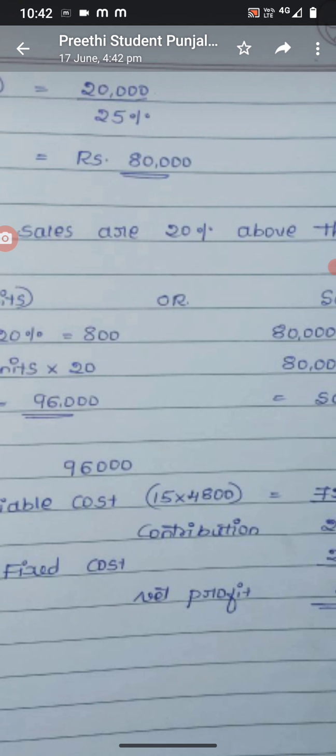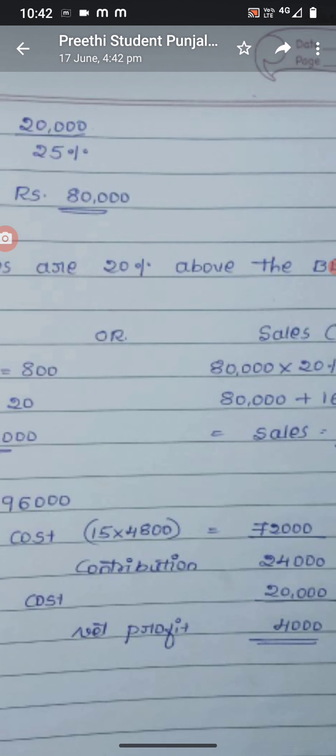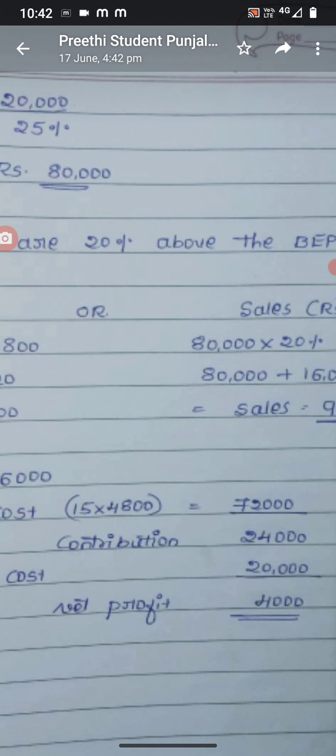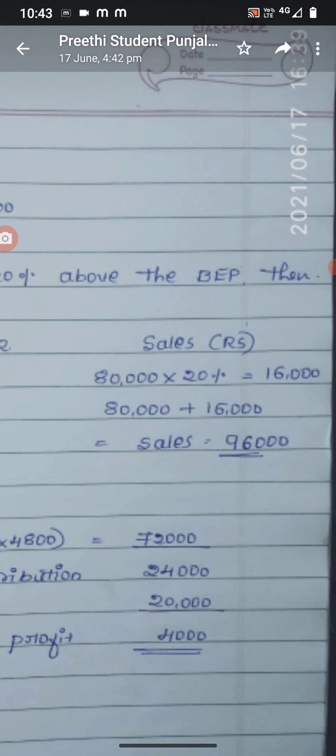So 15 rupees into 4,800, you will get 72,000. So 96,000 minus 72,000, contribution is 24,000. Then fixed cost 20,000 is given. So net profit is 4,000.